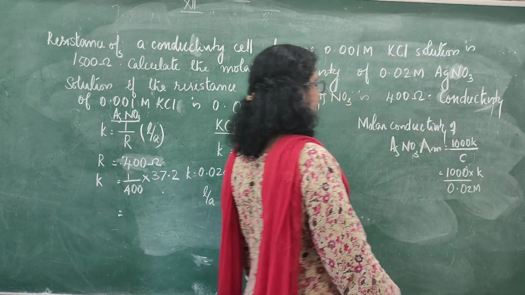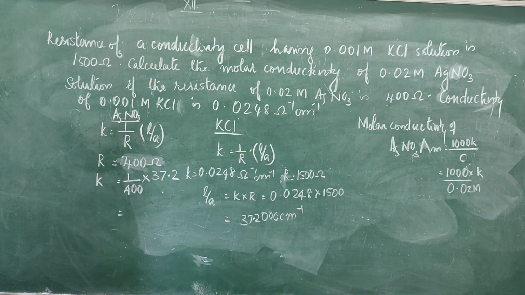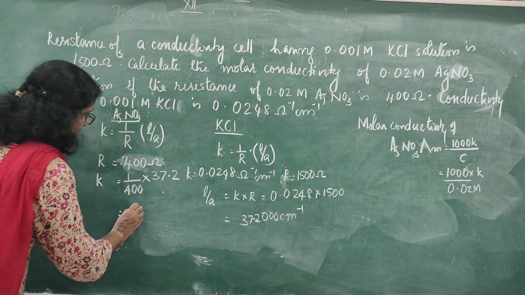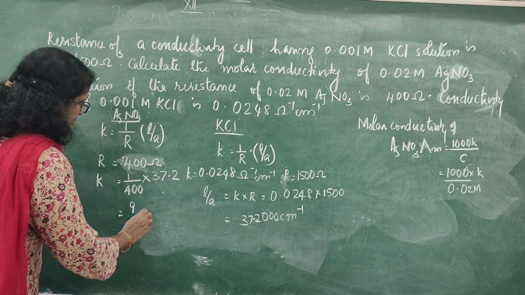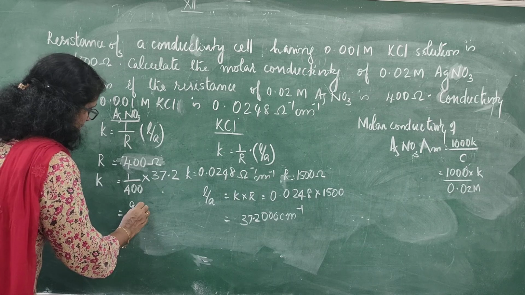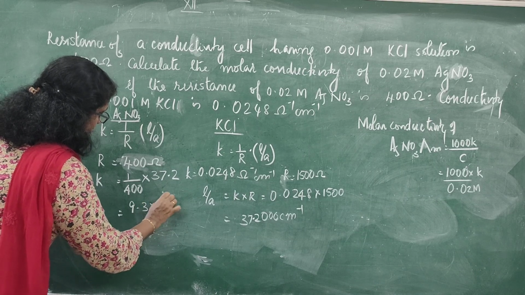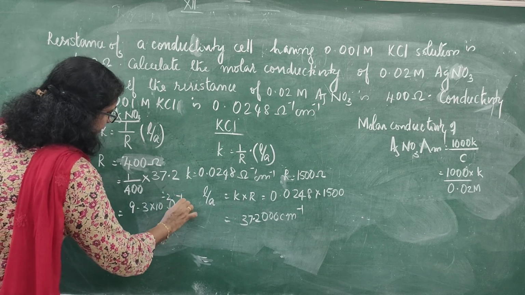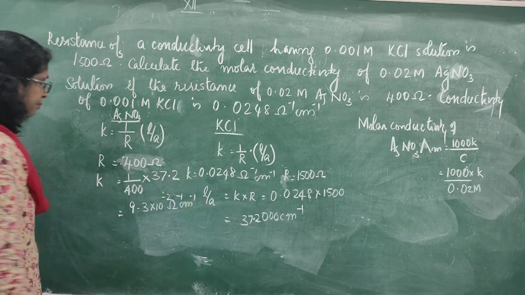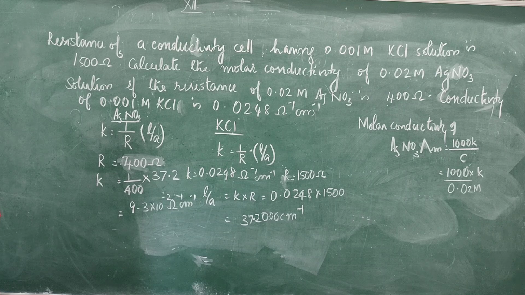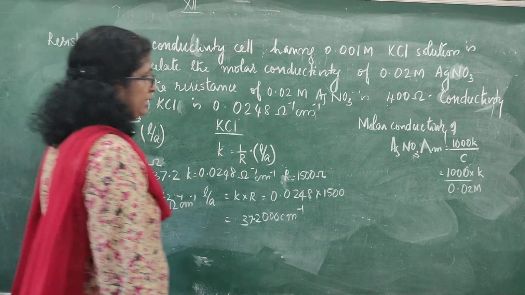So you can calculate the molar conductivity. K comes out as 9.3 into 10 raised to minus 2 ohm inverse centimeter inverse.